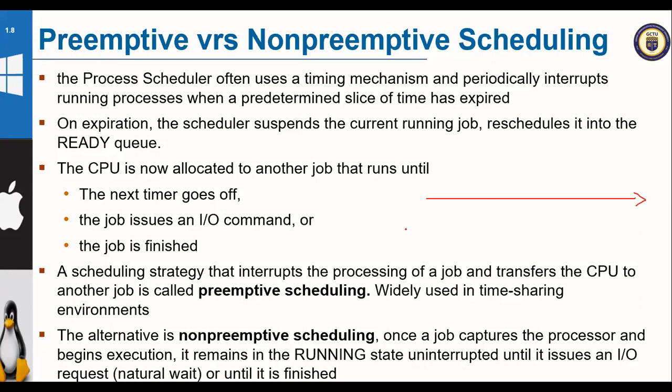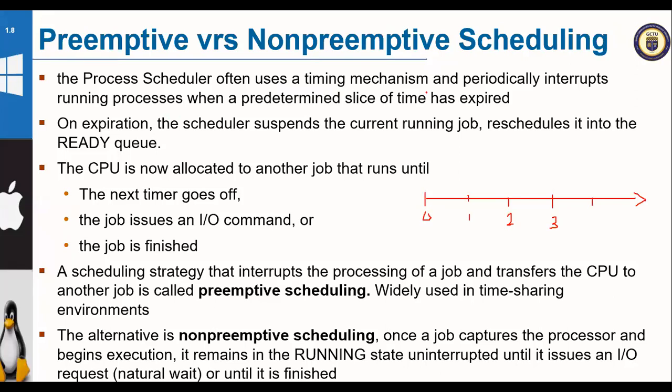And what the process scheduler does is that it uses a timing mechanism. That means it divides the CPU over time. So let's assume it selects every second. So at time 0, time 1, time 2, time 3, etc.